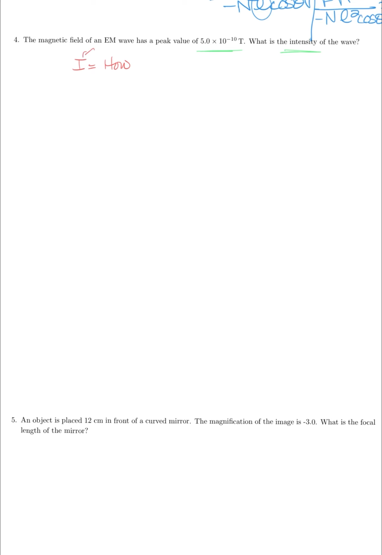This is intensity. It is how much energy a wave can transfer in an area. So that's the definition of intensity.